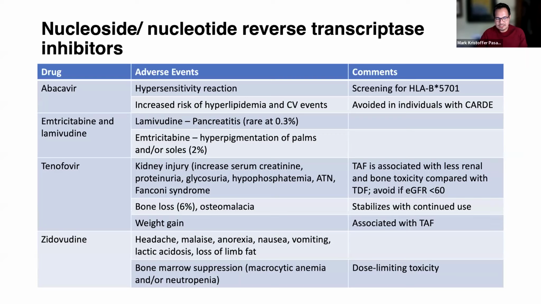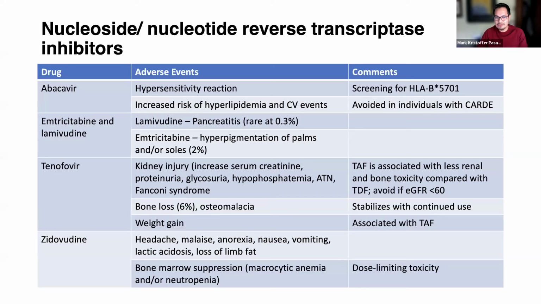Another adverse event associated with tenofovir is bone loss or pagbaba ng bone mineral density, and it is seen in 6%. The 6% here is the 6% drop in the bone mineral density, and it puts the patient at risk for osteomalacia. However, this bone loss becomes stable with continued use of tenofovir.